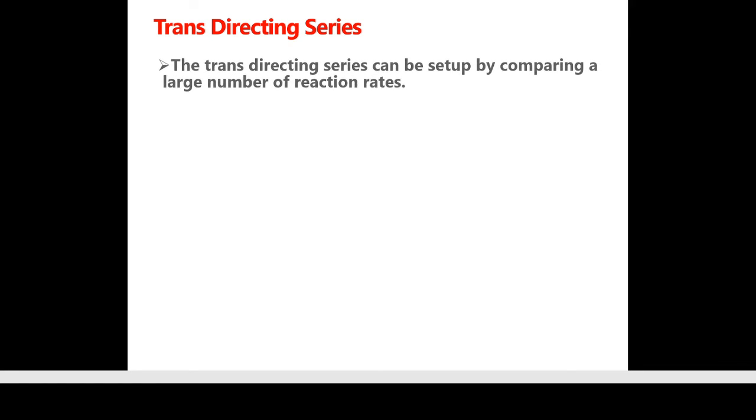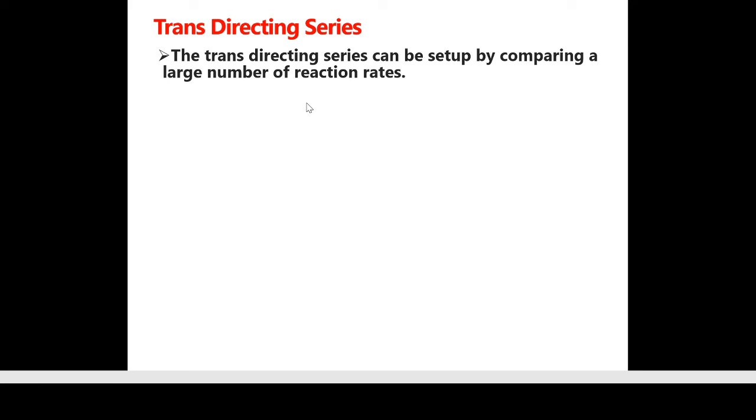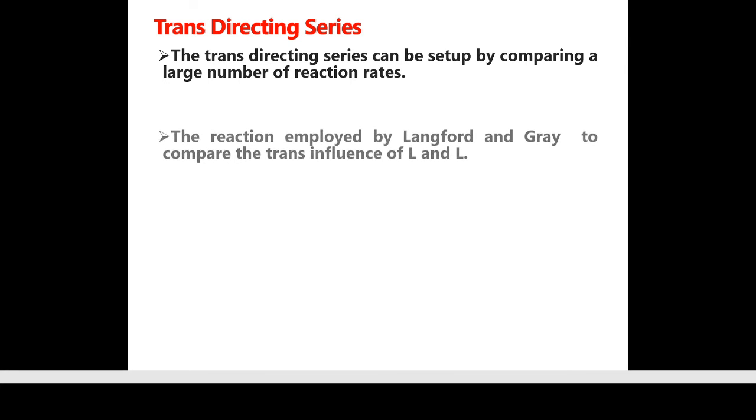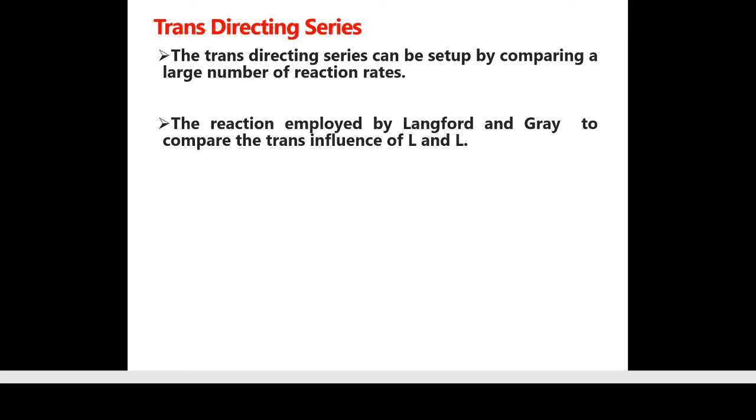So let's see the trans-directing series, meaning how the trans-directing series is set up. Okay, so the trans-directing series can be set up by comparing a large number of reaction rates. Means by studying a large number of reaction rates, the trans-directing series can be set up. The reaction employed by Langford and Gray to compare the trans influence of L and L', which are nothing but ligands.